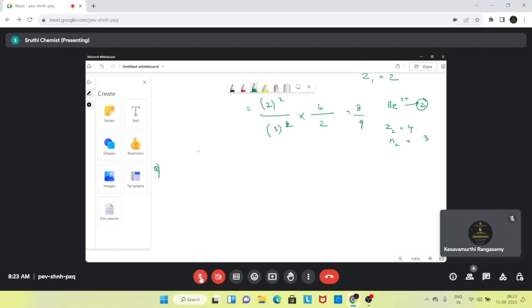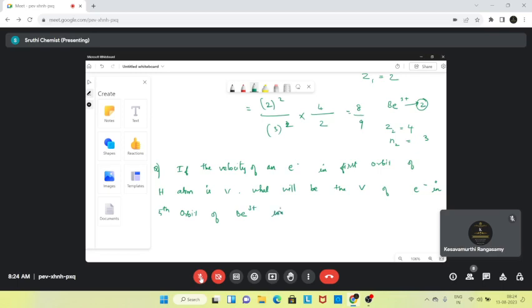So the question is, if the velocity of an electron in the first orbit of a hydrogen atom is v, what will be the velocity of an electron in the fifth orbit of beryllium 3 plus ion?